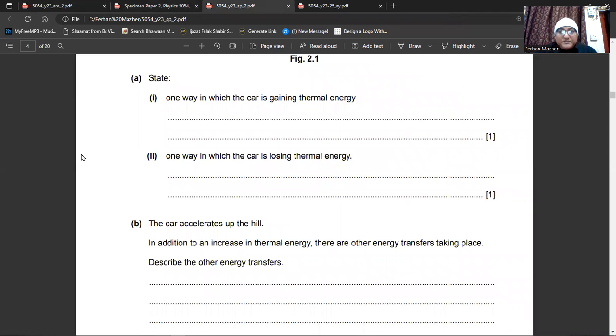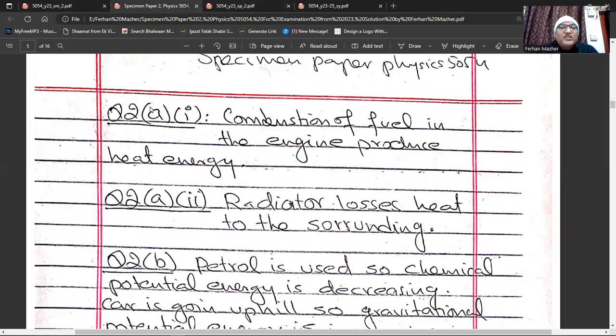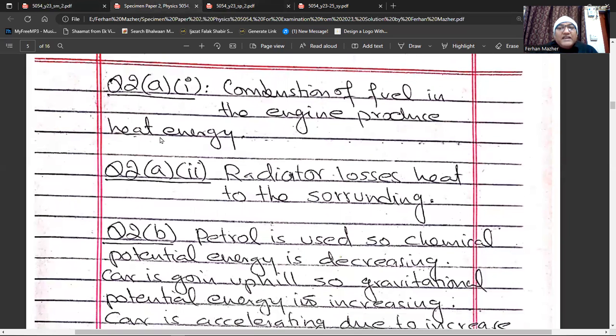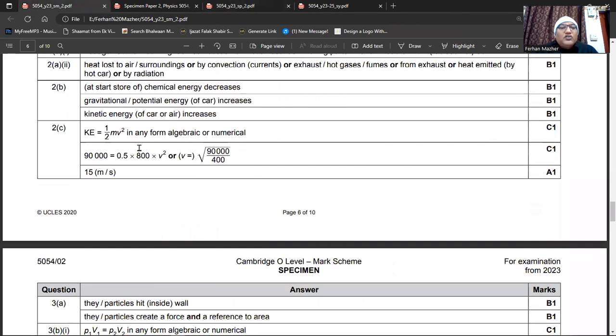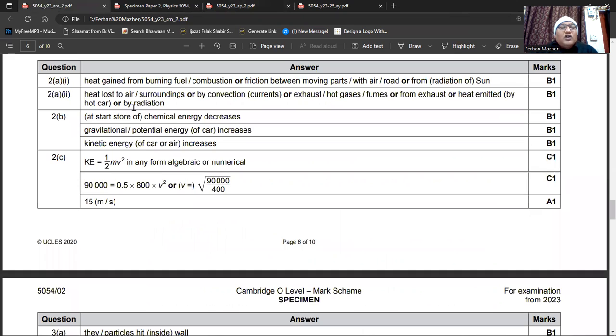Another way is the exhaust, from which hot gases are coming out. That is also a way of losing the heat which is in the car. Radiator loses heat to the surroundings. Okay, so heat lost to the surrounding air, or by convection currents, or exhaust hot gases, fumes, or heat emitted by the hot car or by radiation.